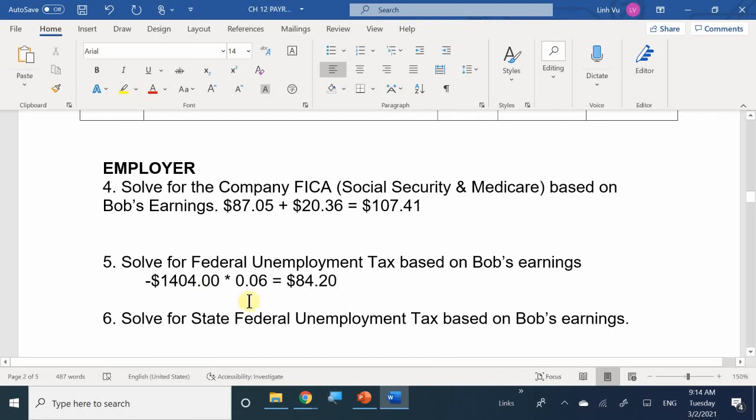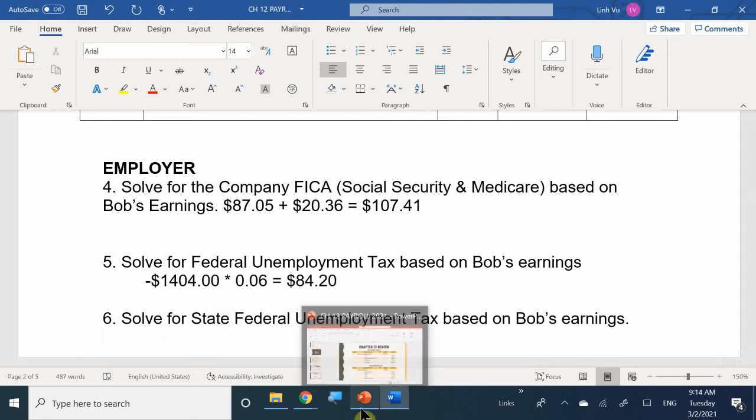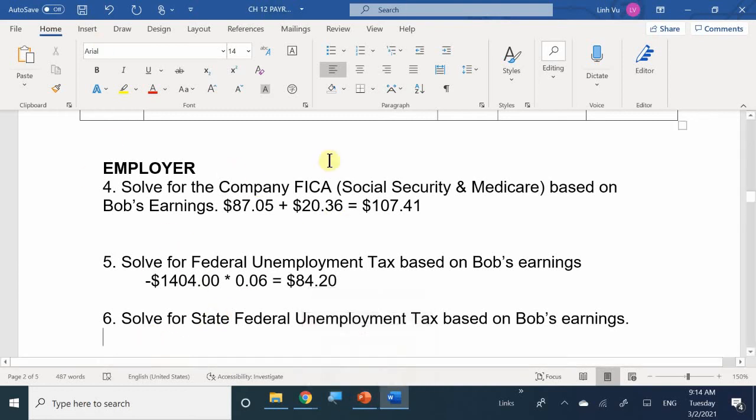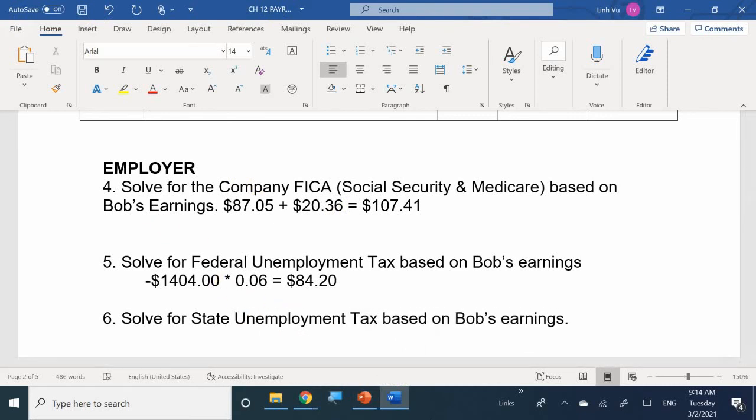Okay, and then what about the state? I don't know why I put state federal. It should have been just state unemployment. What percentage did I say in this class that we're going to use? 3%. Good. So what is my total here? 42.12.